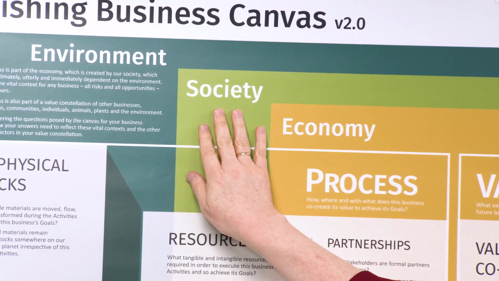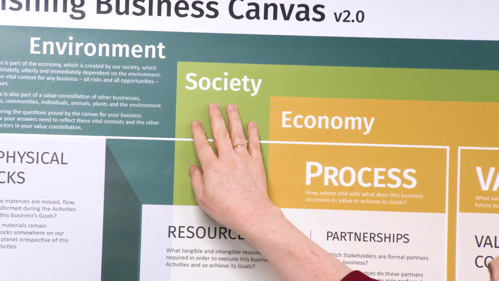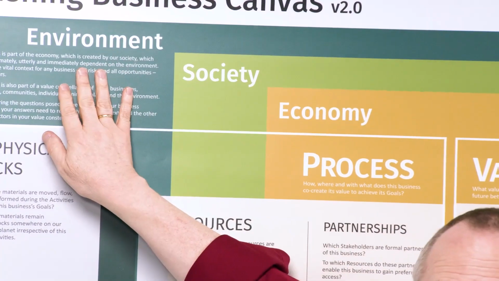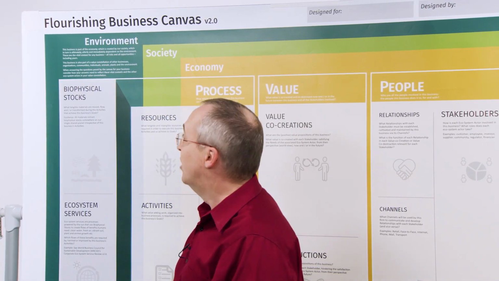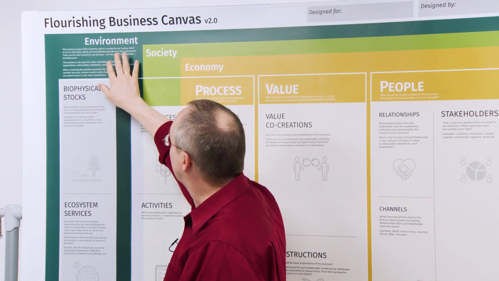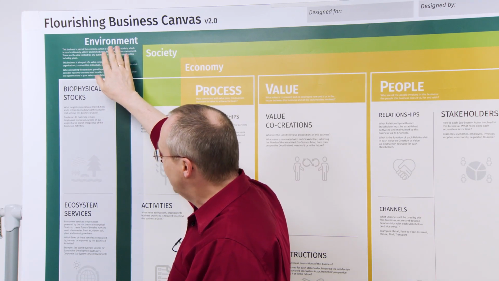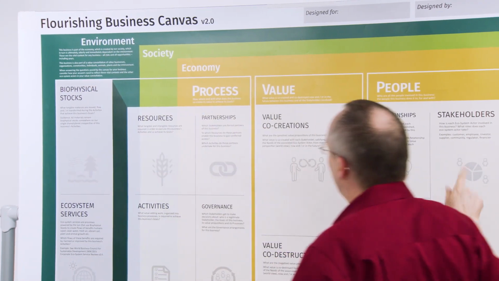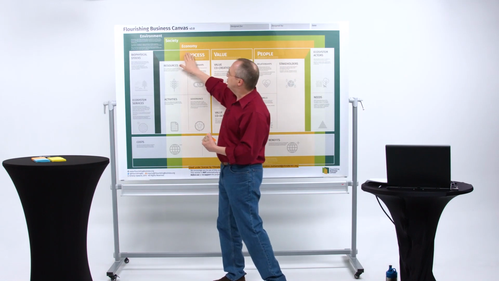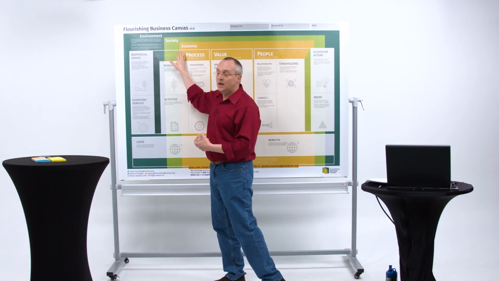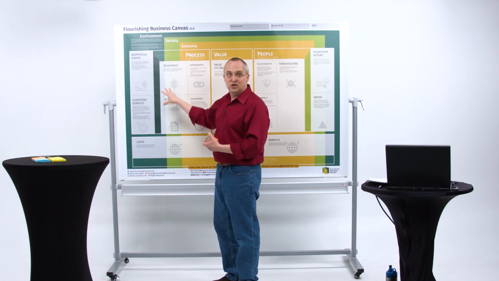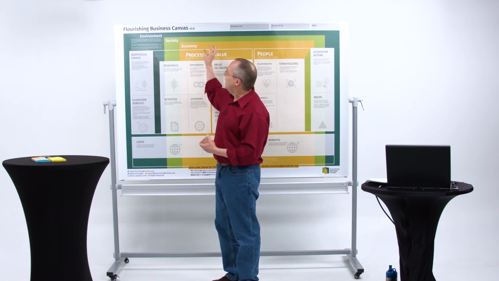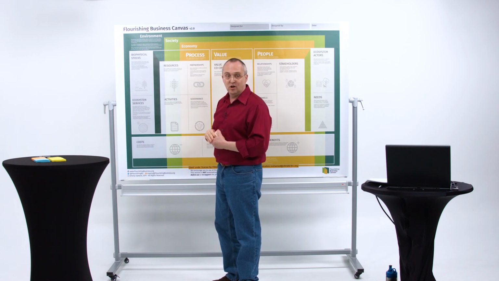It also allows us to think about things that are just social, which are therefore part of the environment, and things that are just environmental, where there is no social or economic component. You'll notice that different boxes on the canvas have different relationships to these 3 contexts. As we work through the canvas, you'll start to see why there are certain relationships between the elements on the canvas and these 3 contexts.